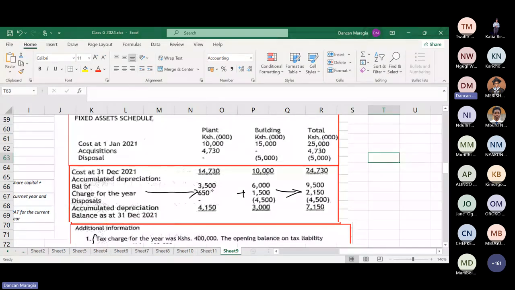We did depreciation for the year of 650. We closed with accumulated depreciation of 4150. Started with this here, and this is disposals. Of course, when you dispose an asset, you less its accumulated depreciation. So depreciation for the year in total were these two, for this plant and for this building. So in total, we had total depreciation of 2150.